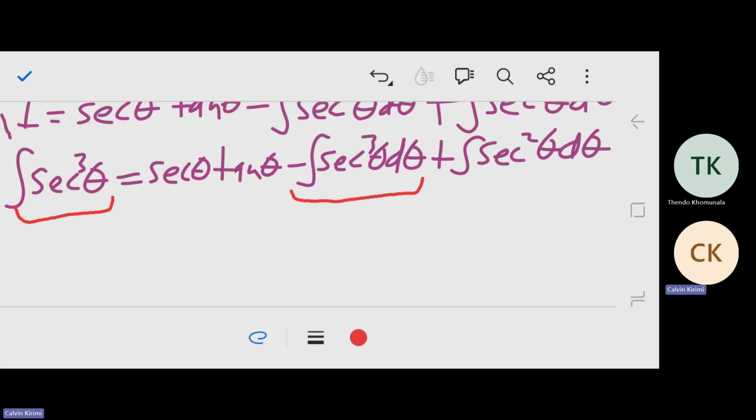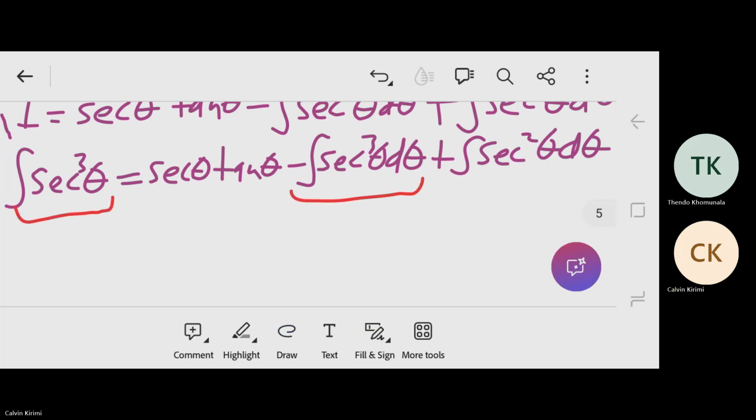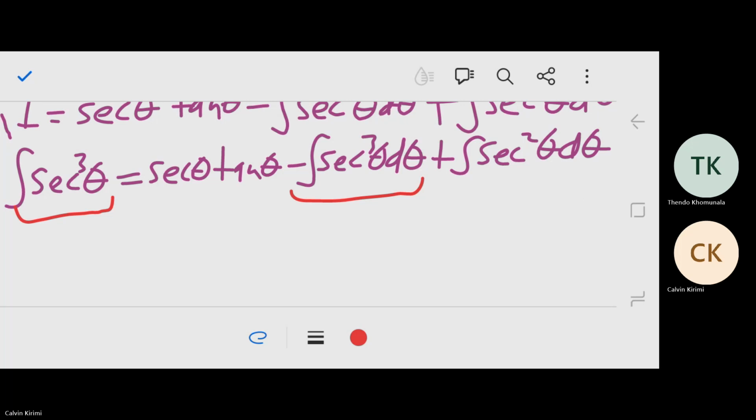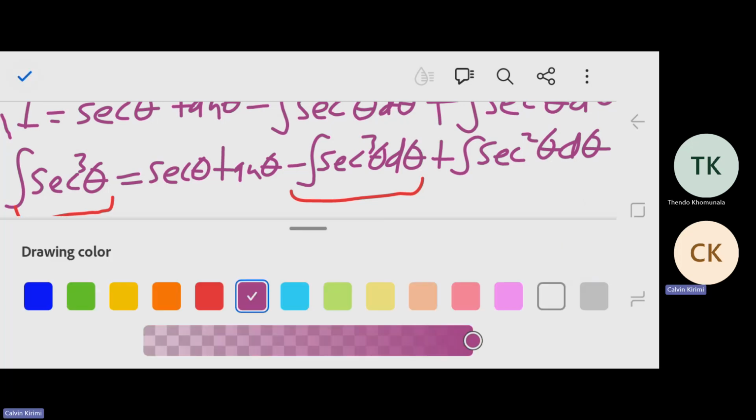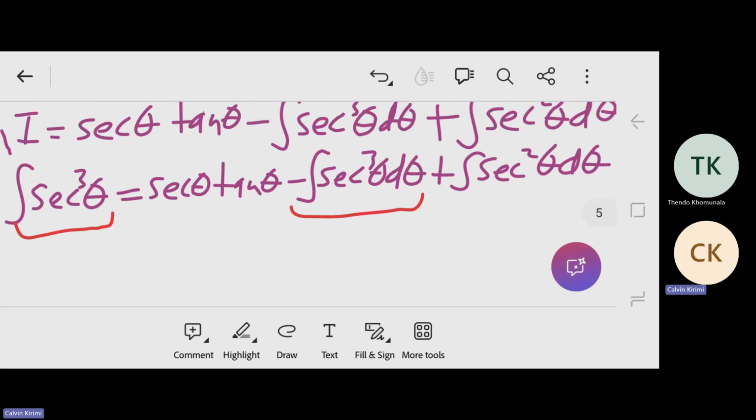If we move that to the left-hand side, what is it going to give us? It's going to give us 2I.